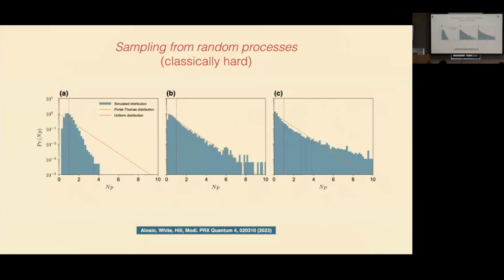So there will be processes that classical methods will not be able to reach. It's just not going to happen. And that includes instances where you are looking at things like the Nakajima-Zwanzig master equation, because there you're just switching your sampling from, say, a sigma Z measurement to a Bell basis measurement.